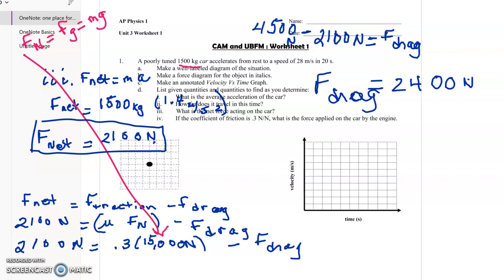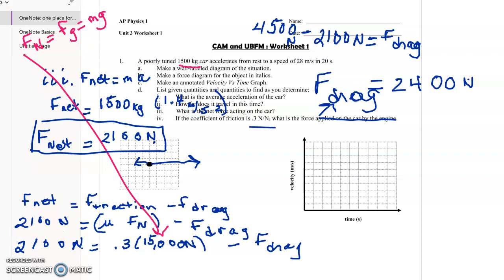Then if we want to find the force drag, remember that's what we were trying to find, then we would say F net, which we just found, equals traction minus drag. That's the net force in this x direction, which is the only place there is a net force. So traction would be mu times force normal, which would be 0.3, which they gave us.